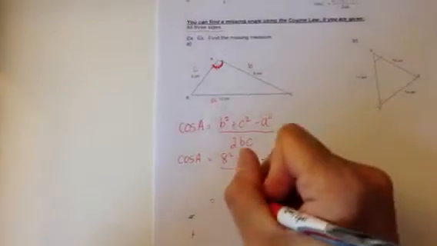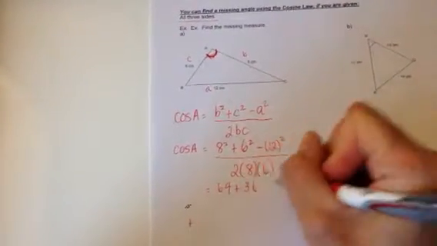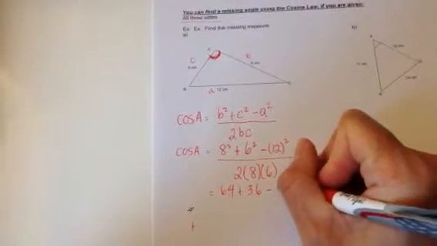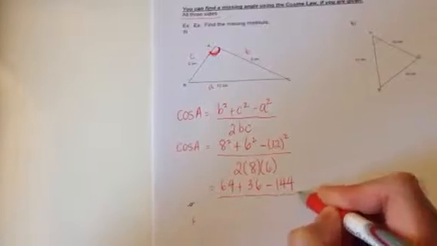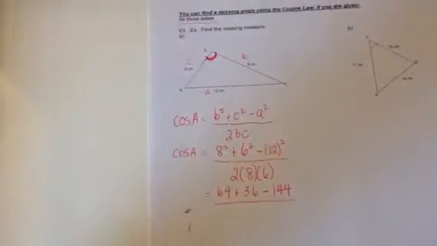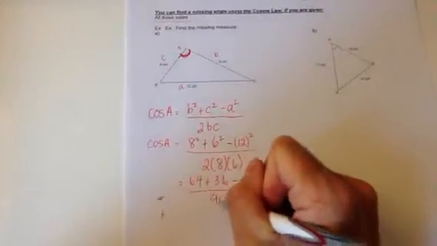So 8 squared is 64. 6 squared is 36 minus 144. 2 times 8 times 6 is 96.